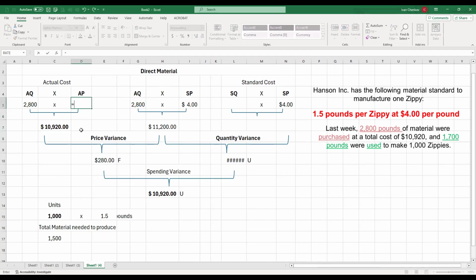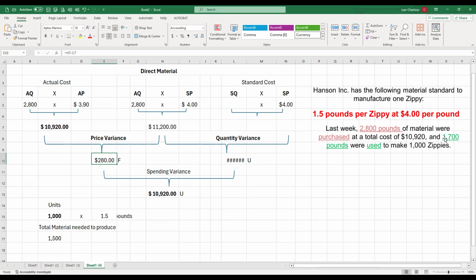So our actual price is $3.90. So we get our price variance: 11,200 minus 10,920 is $280. How else can we interpret it? A 10 cent decrease in the price over 2,800 pounds that we purchased gives us savings of $280. And we're done. Now let's continue with the question.